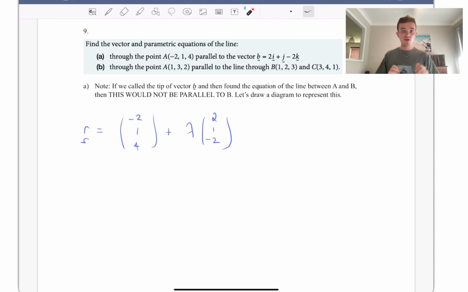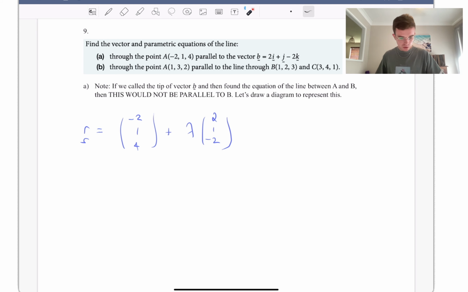All we're doing is going to that point and then drawing a vector parallel to B, which is just the vector B itself. The important thing is that vector B, we can move it anywhere in the 3D plane, and it still means the same thing. This vector does not necessarily mean OB.